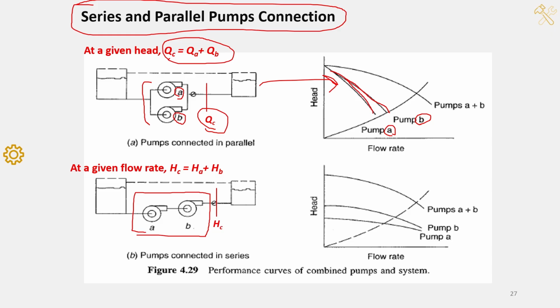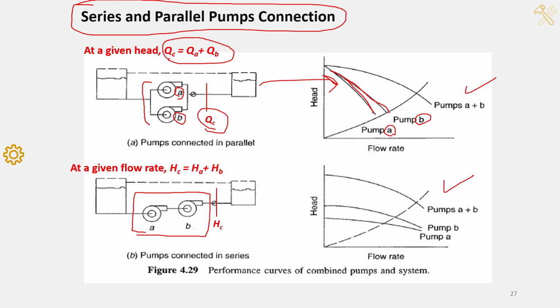So that's why the performance curve of pump A is different than pump B. But anyway, this represents two pumps being put in parallel, and this figure represents two pumps being put in series.